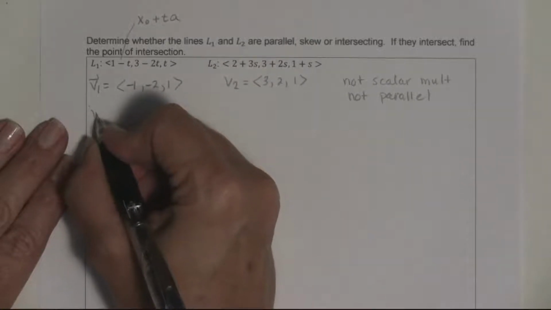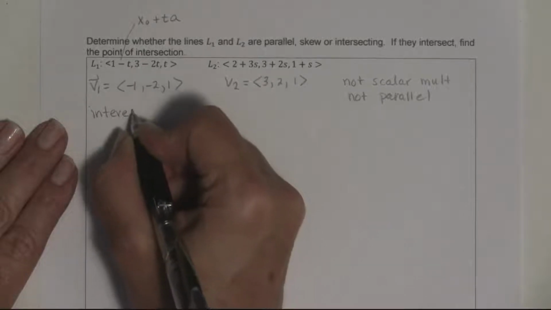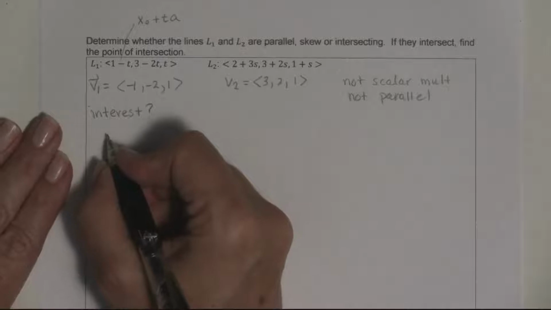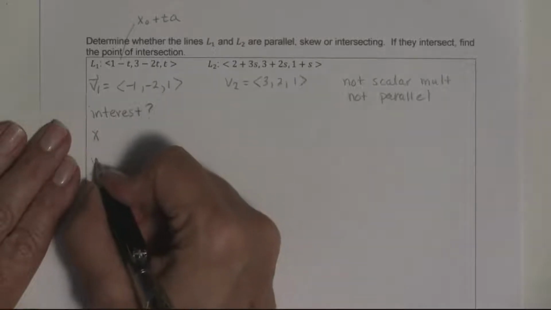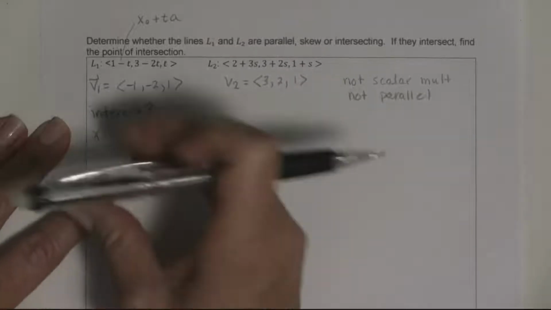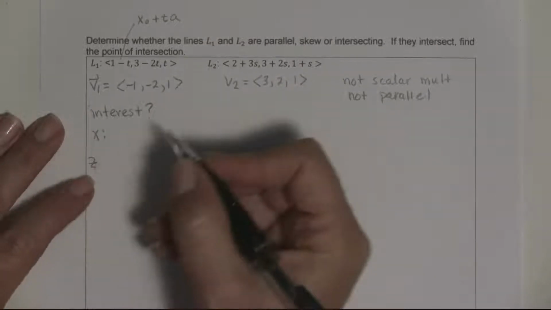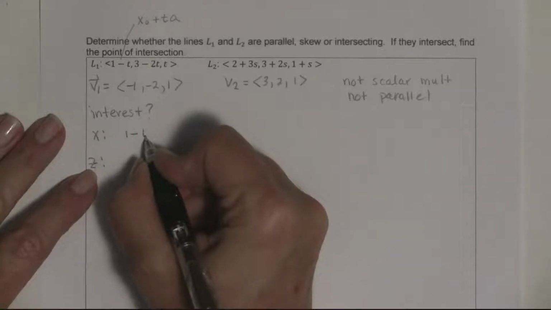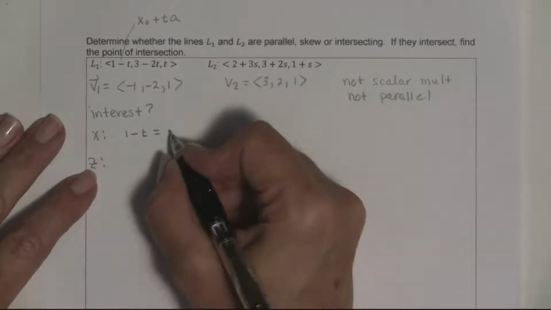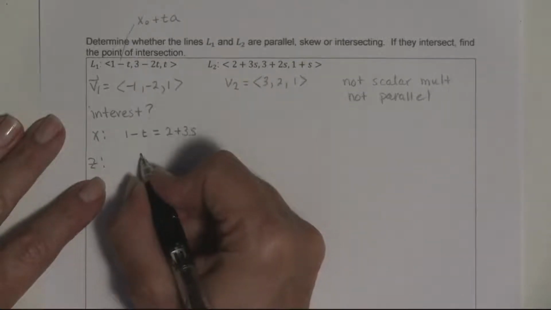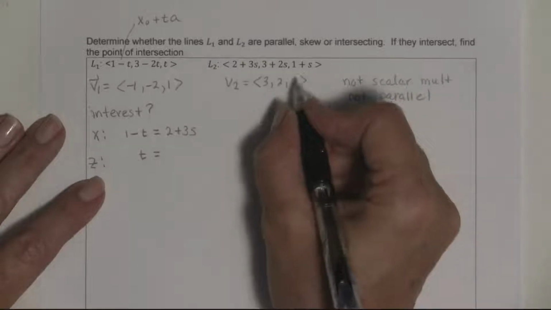And so I'm asking myself, intersect? I don't know if they will or not. I'm going to equate the X's and the Z's, which I said would be a little bit easier. So this gives 1 minus t equals 2 plus 3s, and t equals 1 plus s.